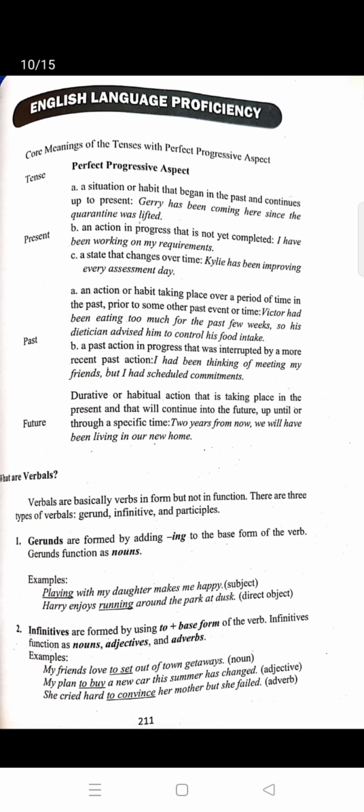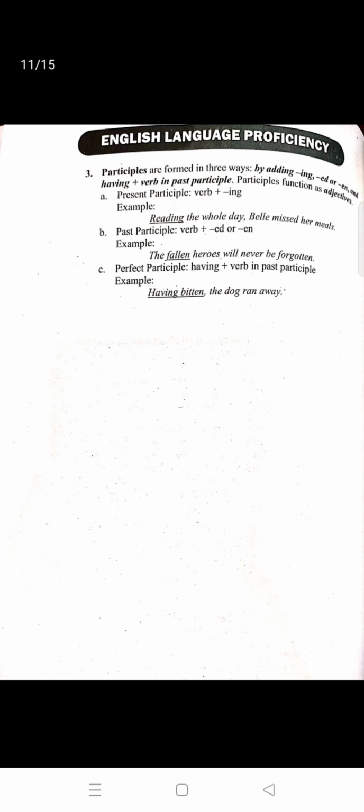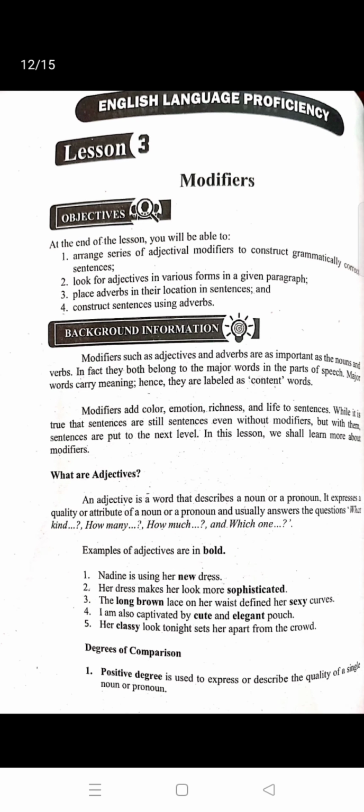So, wag tayong malilito. Yung gerund, they also end in ing, pero ang function nila ay noun. Ang participles, they are also ending in ing, but they are functioning as adjectives or modifiers. And participles could also end in ed or en.